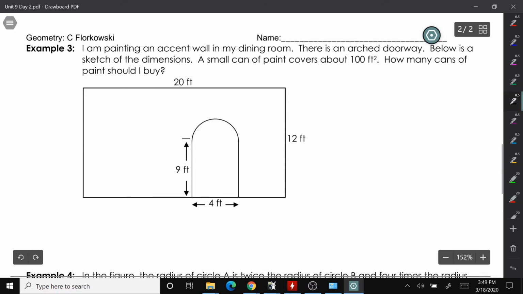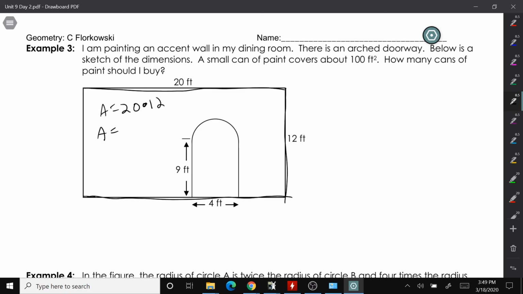So what we need to do is figure out how much area is just in the wall. Now the area of the rectangle, the whole wall, should be fairly easy to calculate. It's 20 by 12. So the area of this is going to be 20 times 12. Use a calculator just to make sure.